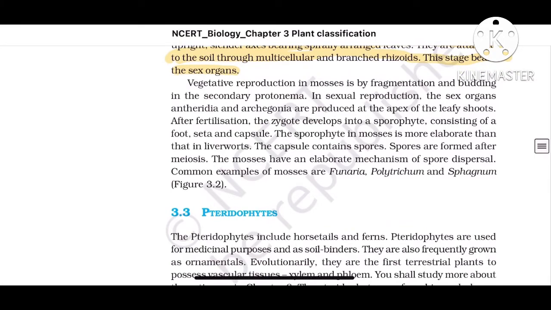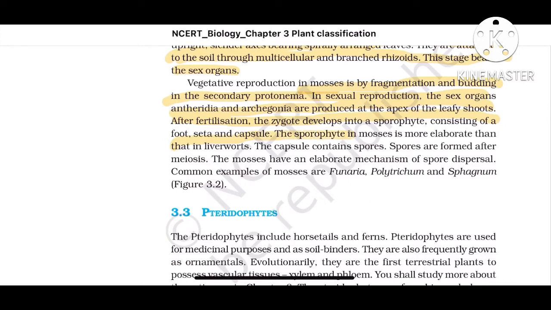Vegetative reproduction in mosses is by fragmentation and budding in the secondary protonema. In sexual reproduction, the sex organs, antheridia and archegonia, are produced at the apex of the leafy shoots. After fertilization, the zygote develops into a sporophyte consisting of a foot, seta, and capsule.